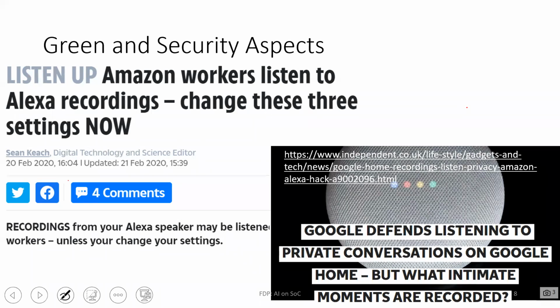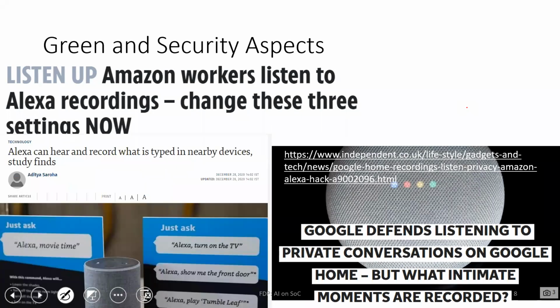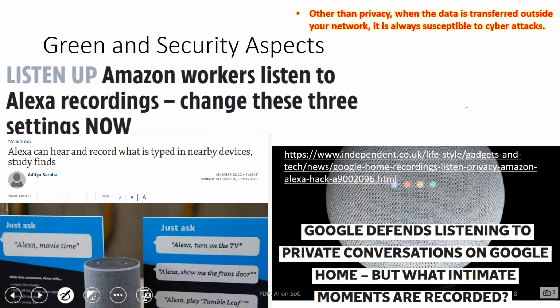And with a lot of IoT devices, and a weak legal framework, especially in India, this is a challenging part: how to maintain the privacy and security of our data.